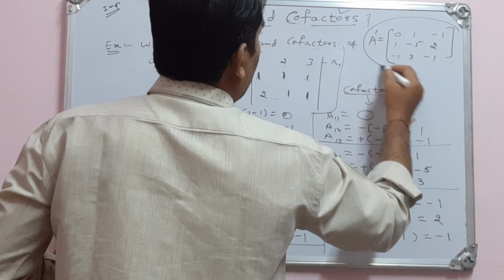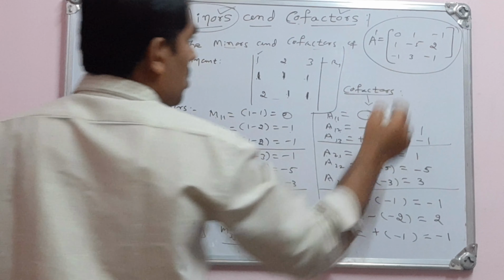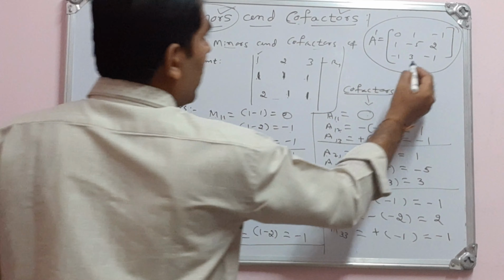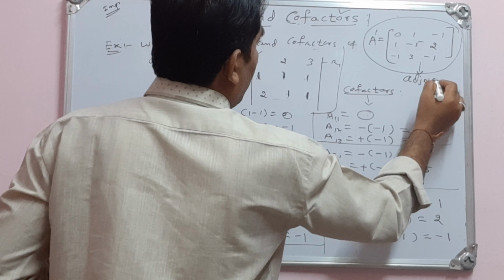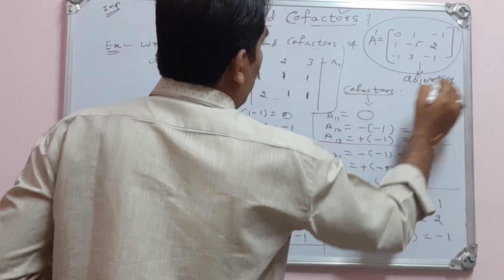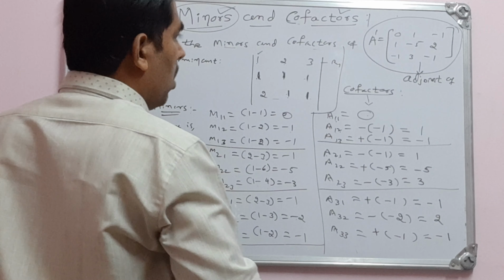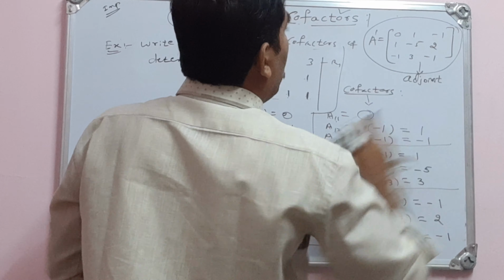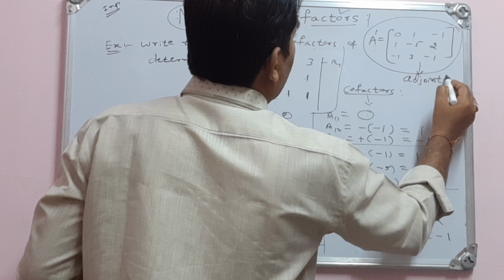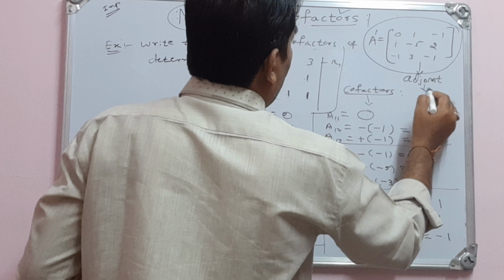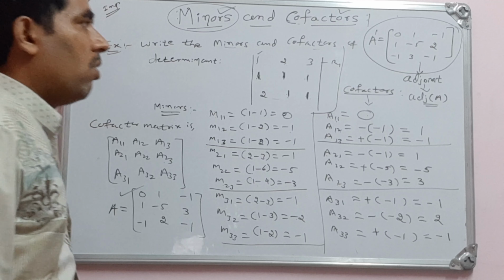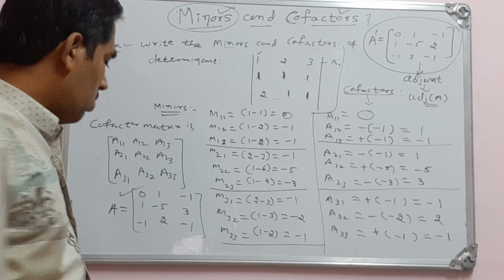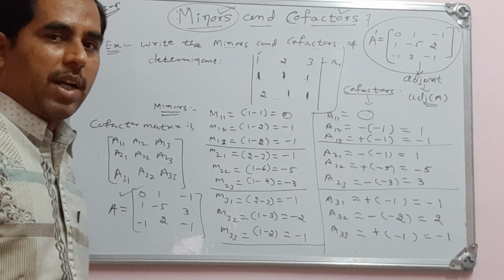This is the transpose of the cofactor matrix, and this one is called the adjoint of the matrix, written as adj. So what is adjoint? Transpose of the cofactor matrix.